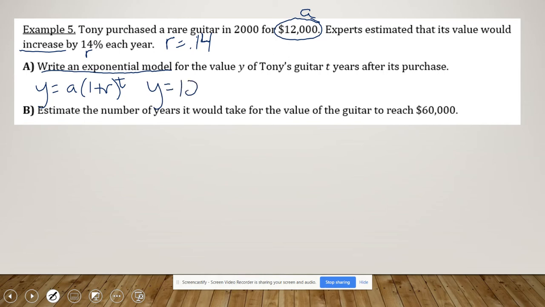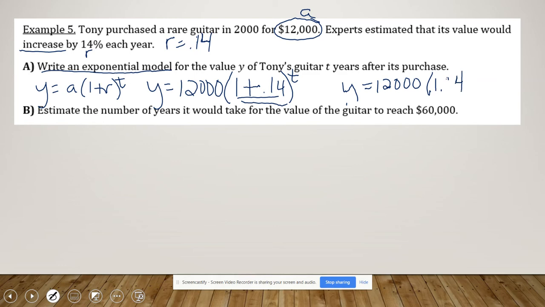So I'm plugging in 12,000 for A, 1 plus 0.14 for R to the T power. I'm going to clean this up a little bit by adding the stuff inside the parentheses, and our final model or equation is this.